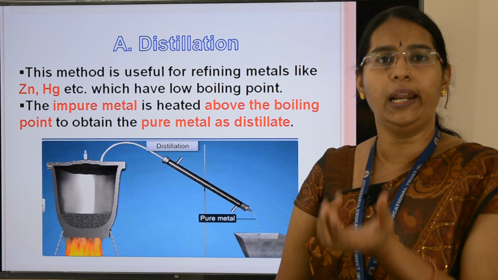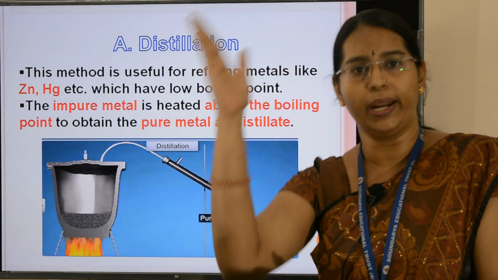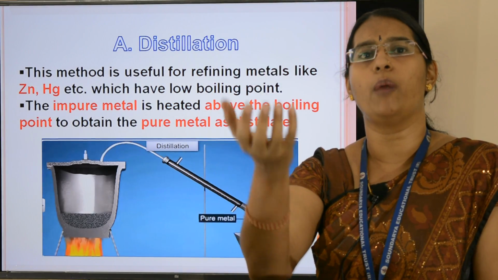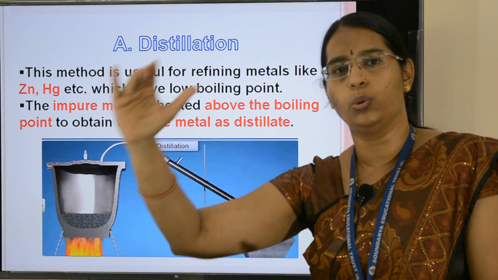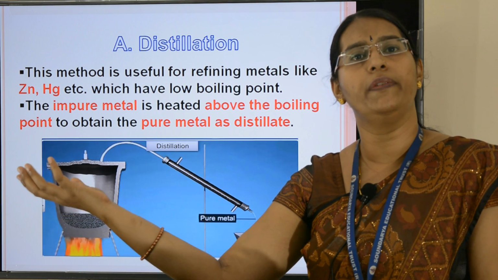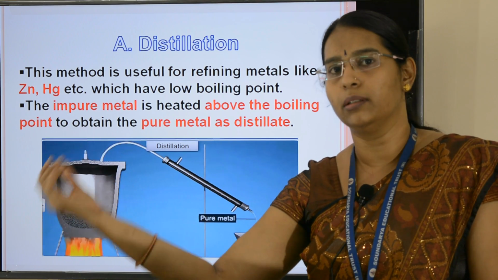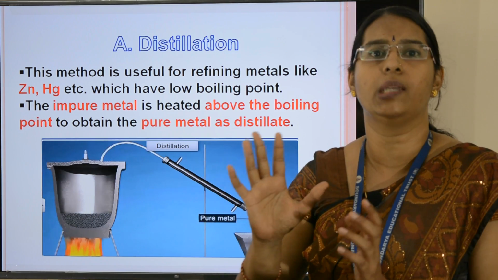When they are heated above their boiling point, the highly volatile liquid evaporates first and then it forms vapors. These vapors are collected by passing through the condenser, and then in a separate container we will get the pure form of the particular compound in the form of distillate. That is the basic principle.